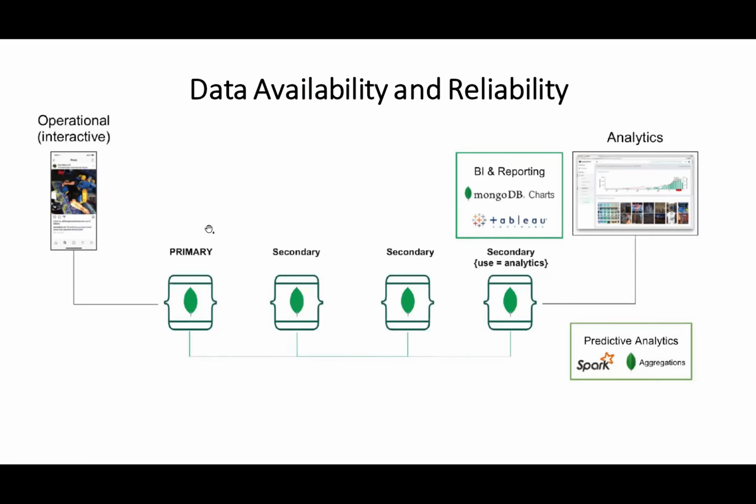Generally speaking, there are 3 copies of a database. The main copy is the primary, and then there are 2 secondary copies, 2 secondary replicas, but that's configurable. Usually there are 3 copies of a database, but you can have more than 3 copies.